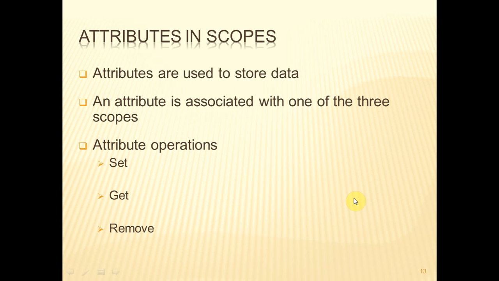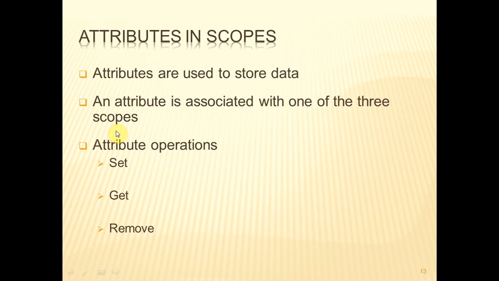But that's about as much control as we have programmatically over a session scope. So let's now bring those two concepts together, Java beans and scopes. And the way we bring them together is by using these attributes. Attributes are used to store data, and we can associate an attribute with a given scope.